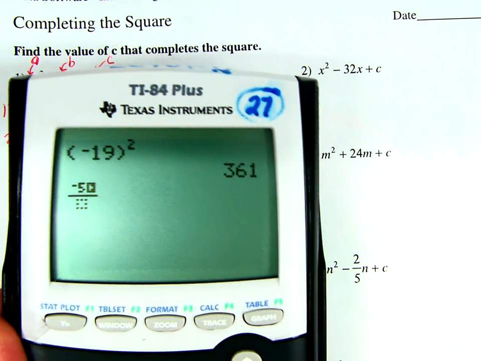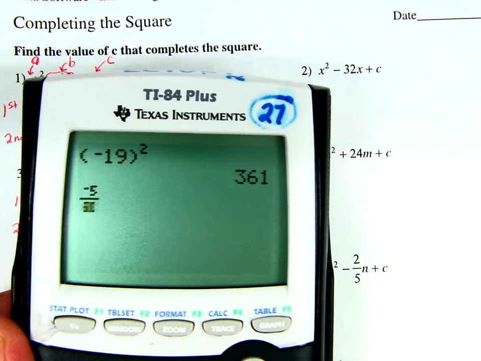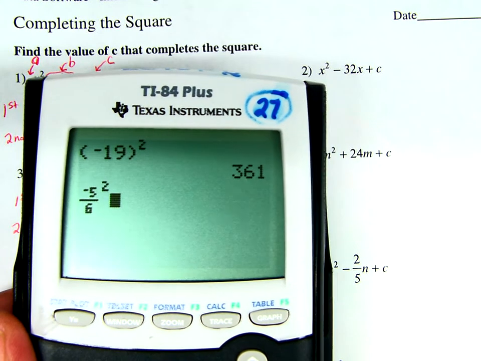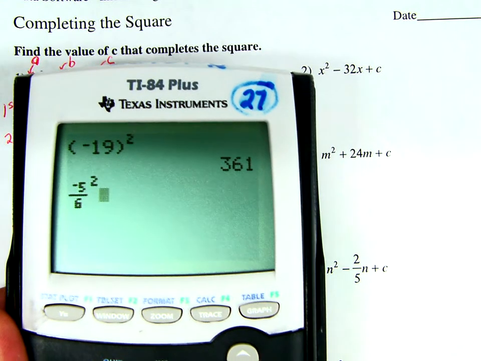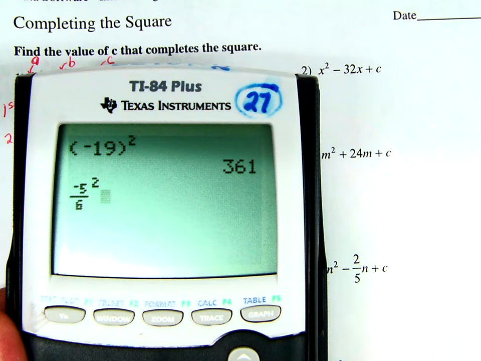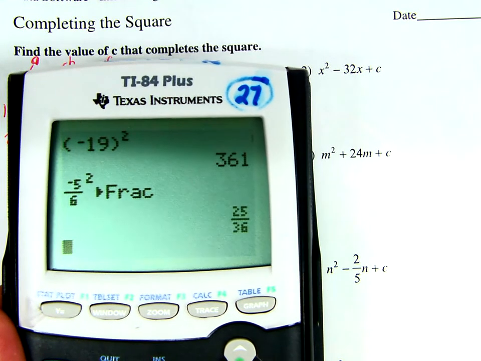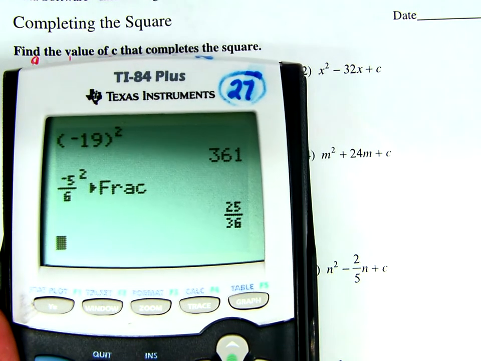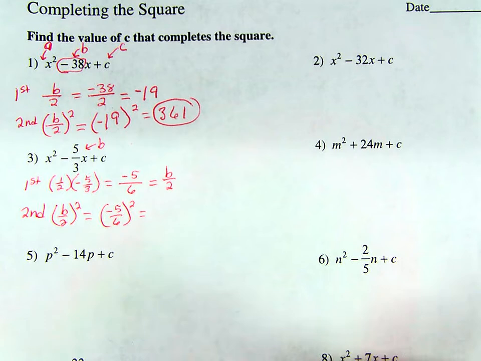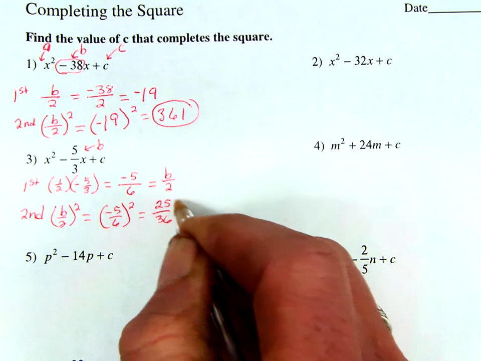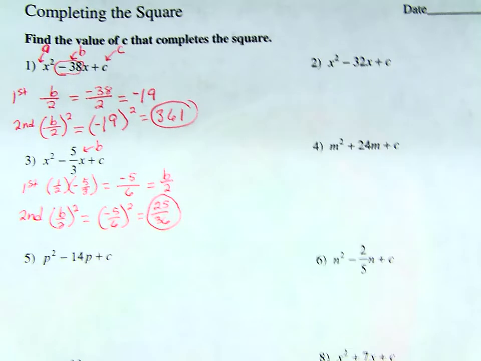Negative 5, and on the bottom, 6, go over, push square. This will square the whole fraction. We'll see if it works. I didn't put it in parentheses. Math, enter, enter. 25 over 36. That's the answer.